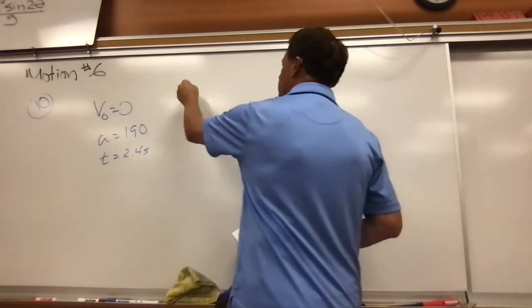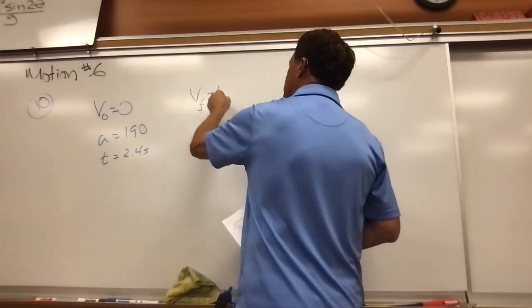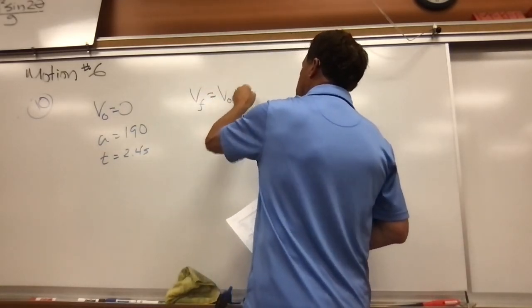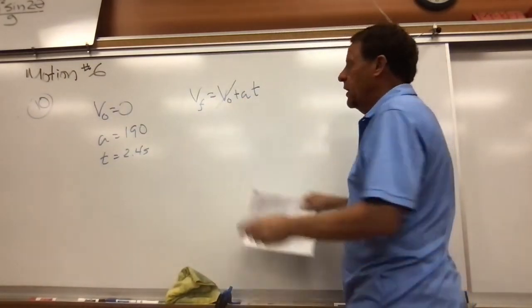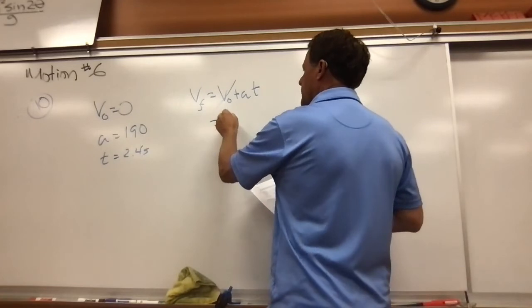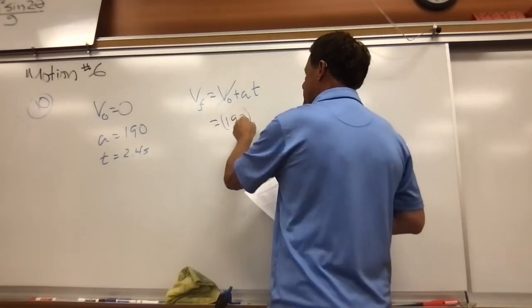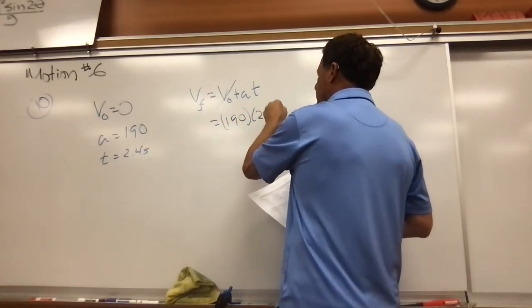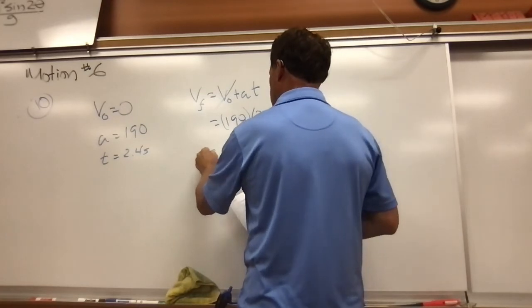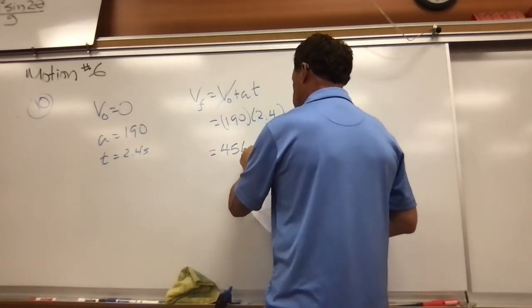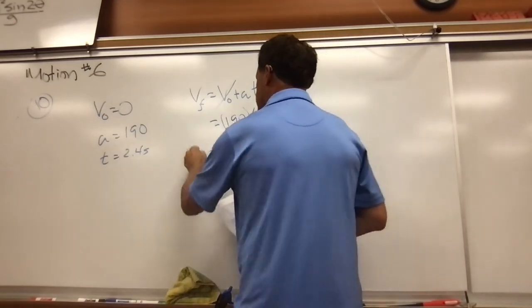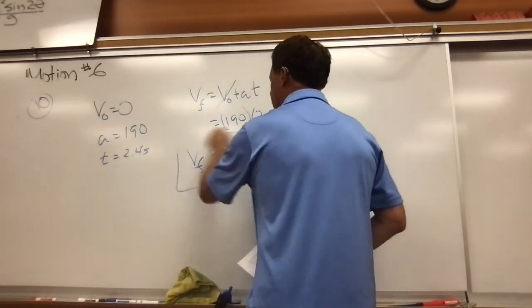And we can calculate v final is equal to v original plus AT. So we know that is 0, so we can just put 190 times 2.4, and we're going to get 456 meters per second. That's equal to our final velocity.